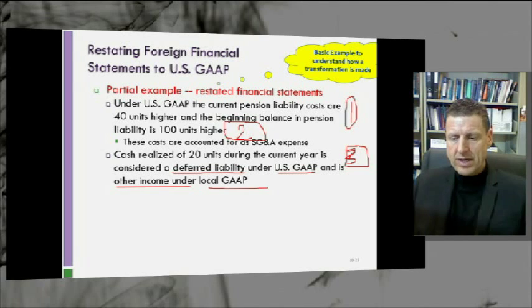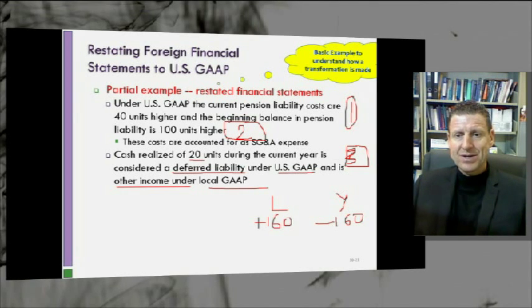So there are 3 items here. And basically, income has gone down by $160. How do we know that? 40 plus 100 plus 20 in this translation. And liabilities basically is going to go up by how much? $160. Finally, the balance sheet is going to reflect this difference. But how do we get to that difference?